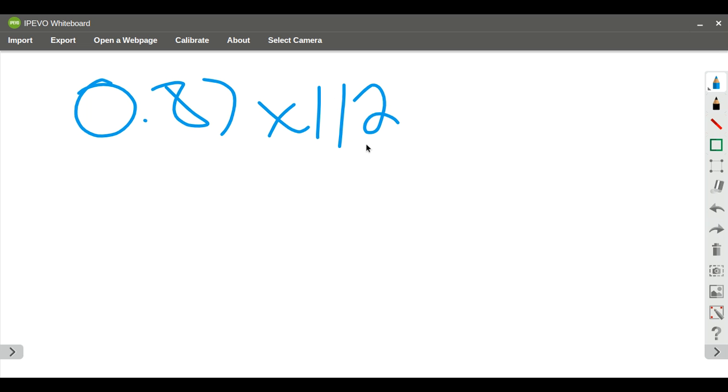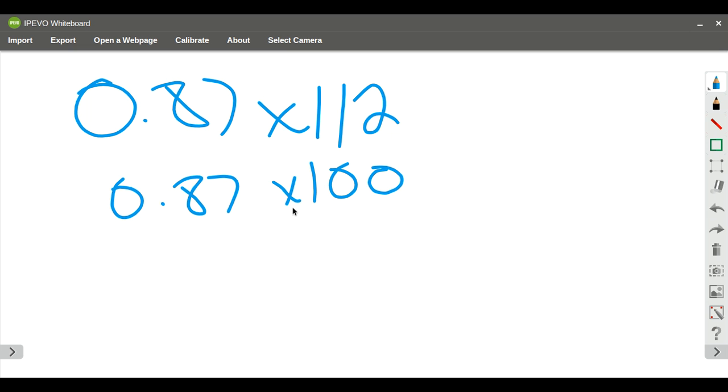So 110 is not a good value because I don't know what 11 times 87 is. But 100, if I multiply that by 100, now I'm using my patterns of 10 where we said, if I multiply by 100, that means I'm moving my decimal 2 digits to the right. So my new answer is going to be 87.